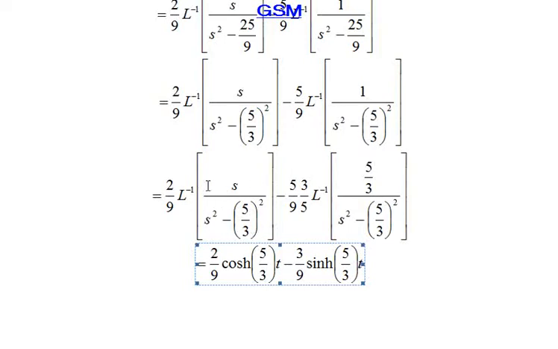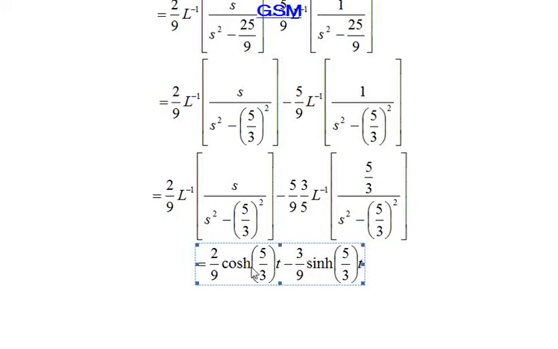The next step, so this is in the format of L inverse of s by s square minus a square. The answer is cos h, because the numerator s is there, and here minus is there, so the result will be in terms of hyperbolic functions.